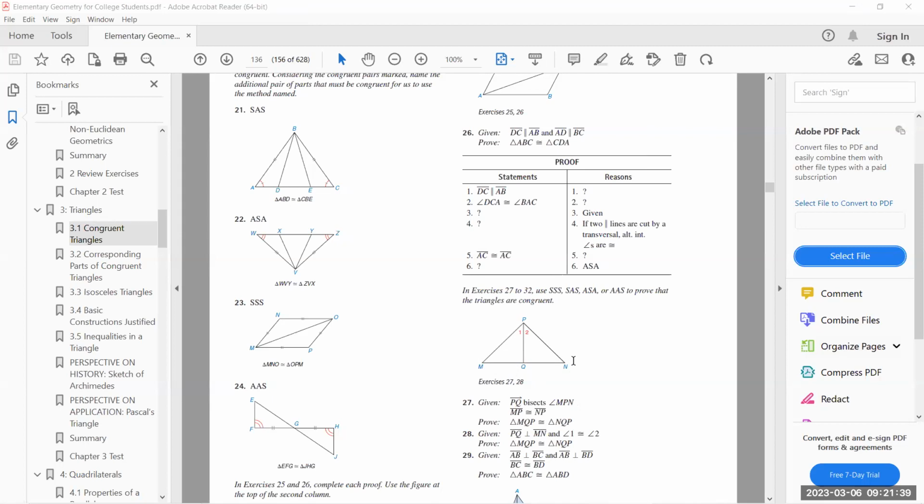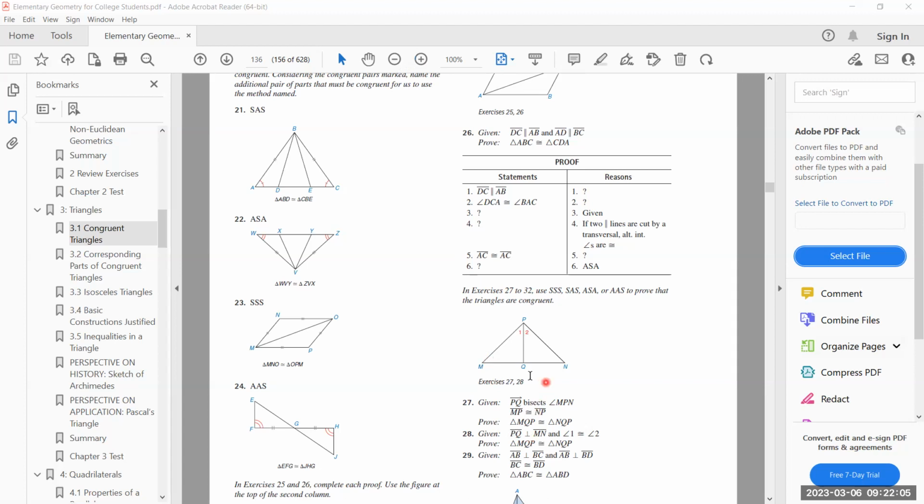The 28, I don't know what this symbol is, this one in the middle. What is it supposed to mean? That's perpendicular. So it's telling you that, okay, that's a good question. So here, this symbol here means perpendicular.